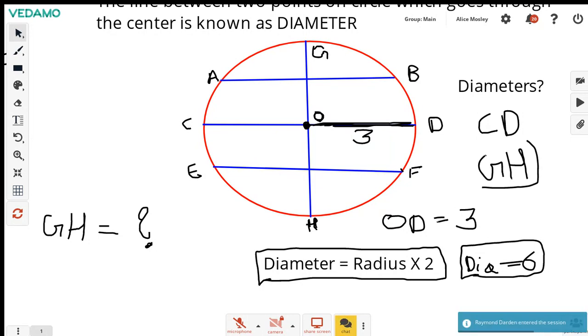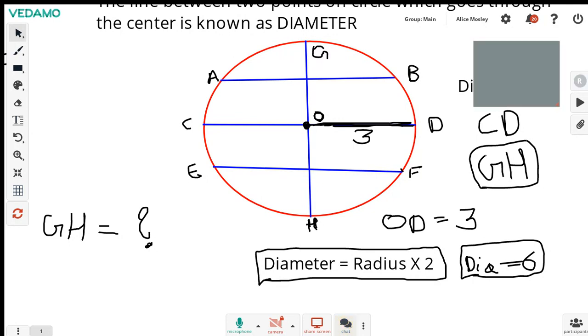Mr. Raymond entered the session now. So Mr. Raymond, we were finding the diameter. I hope you can hear me now. We were finding the diameter, which was radius multiplied by 2. When I said OD is equal to 3, it means the radius is equal to 3. So the diameter is radius multiplied. Hello? Yeah, this thing is messing up on me. Okay, it's fine.